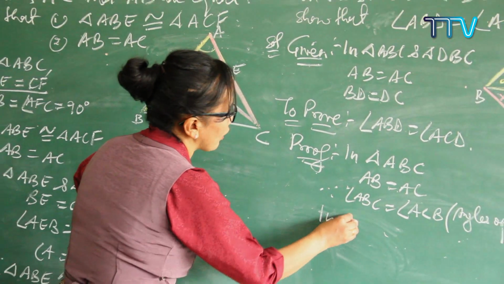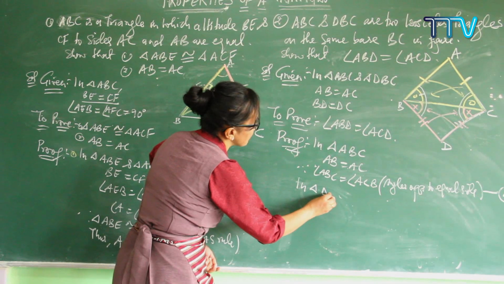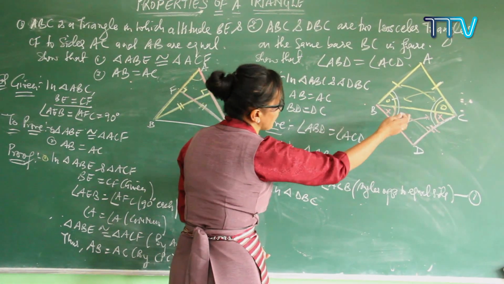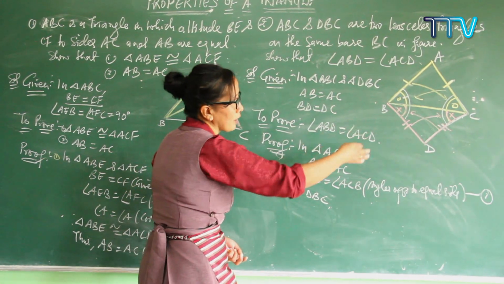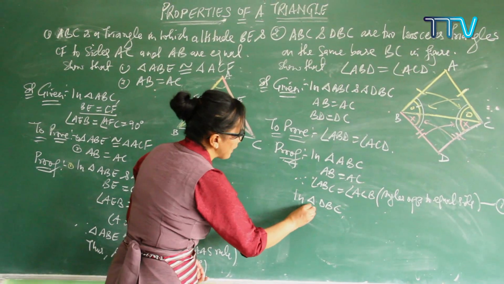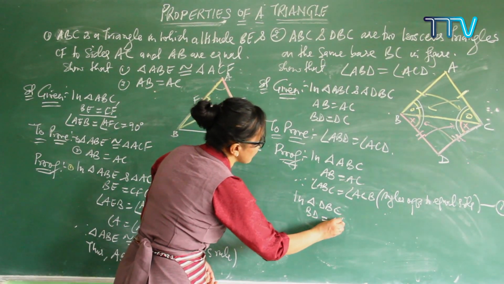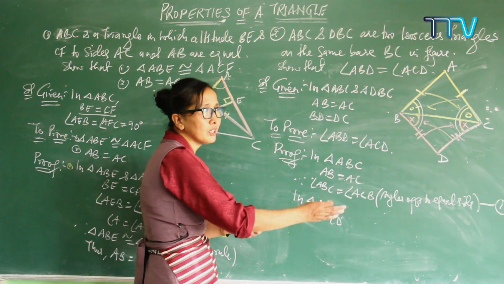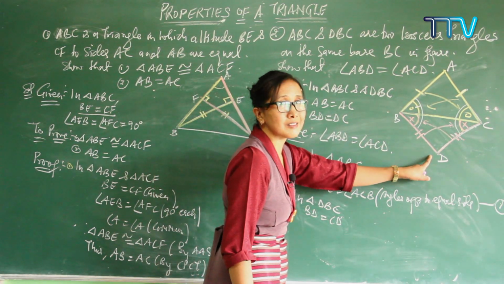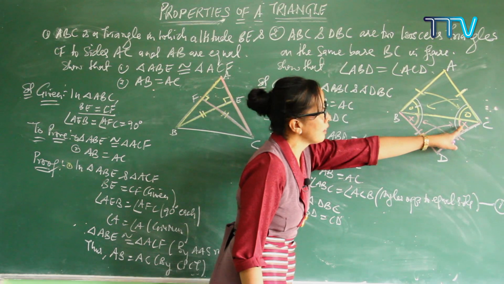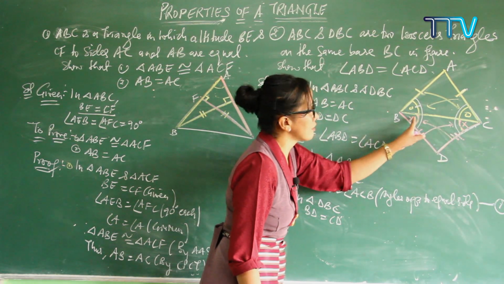And now we are moving towards the other triangle, that is the pink triangle. So in triangle DBC, I'll just write DBC. Since in this triangle, which two sides are equal? BD, yes, BD is equal to CD. If two sides are equal, then opposite angles. The opposite angle of BD is this one, and the opposite angle of CD is this one, okay?